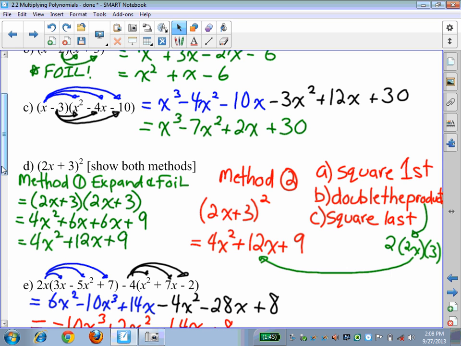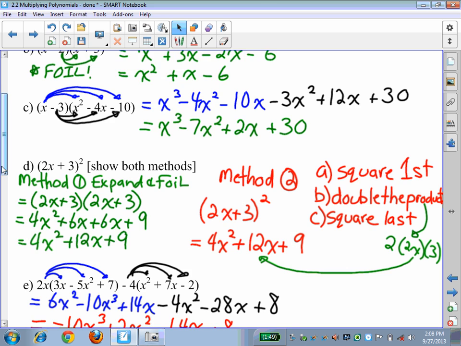And the short form is square the first, so 2x squared is 4x squared. Okay, double the product, which means 2 times 2x times 3 gives you 12x. And you'll see that on the side here where I write that little bit down. And then square the last. So 3 squared is 9.